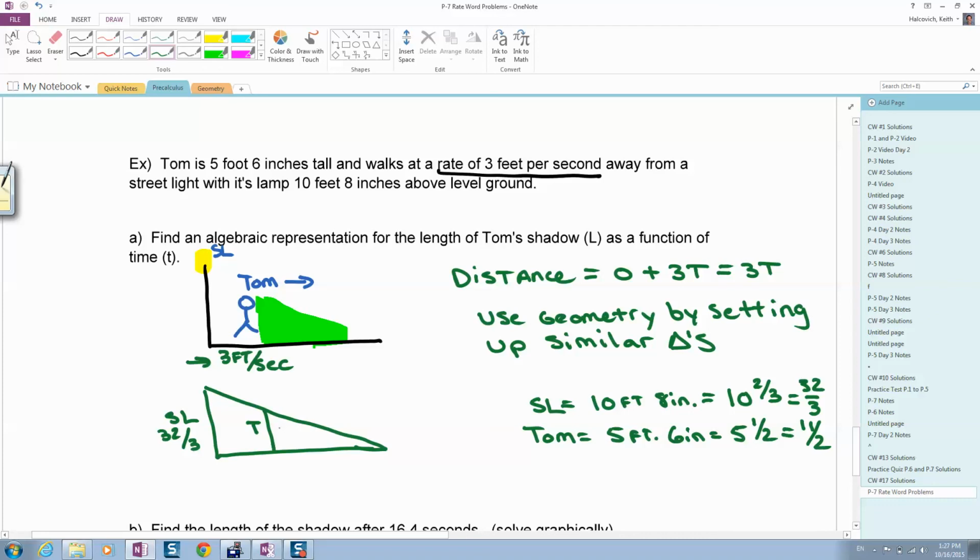So Tom here is 11/2. Now the distance that he travels is 3t away from the street lamp. And this is the length of his shadow, L.